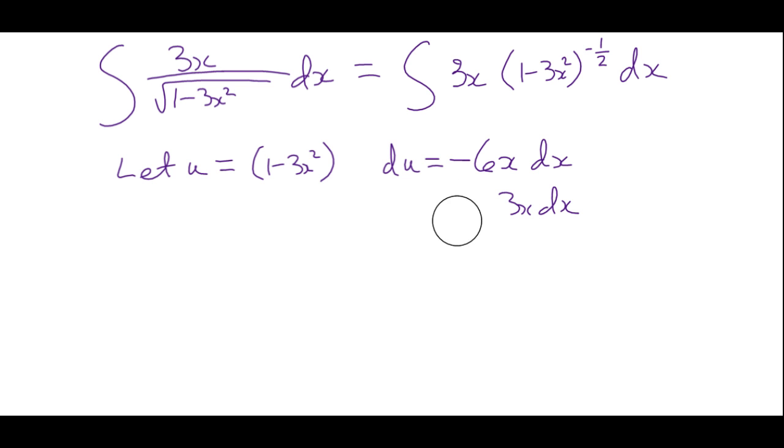Divide by negative 1. Okay, so if I multiply this side by negative a half, I'll get the 3, which I want, 3x, which means I have to multiply this by negative a half. Okay? So now we can replace 3x dx by negative 1/2 du. So now we come down here.